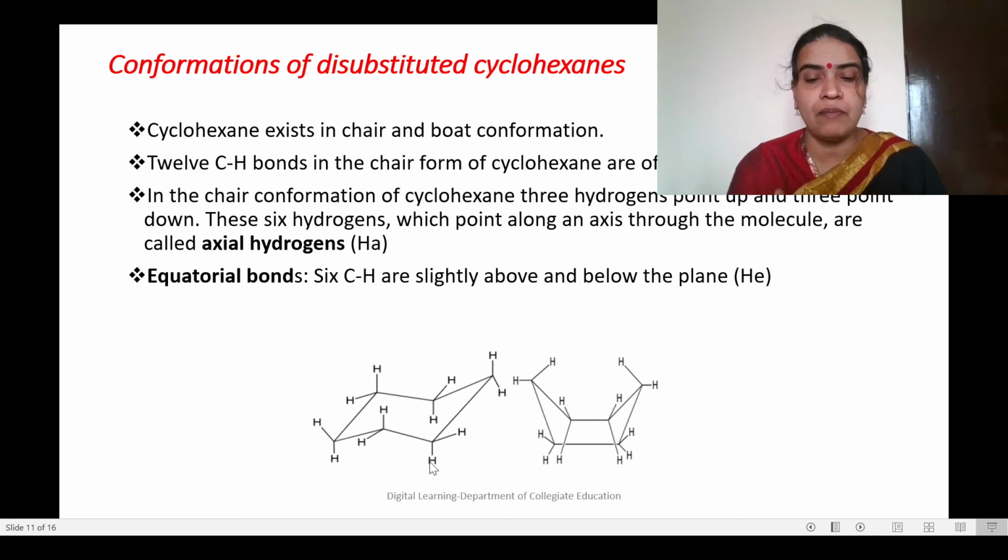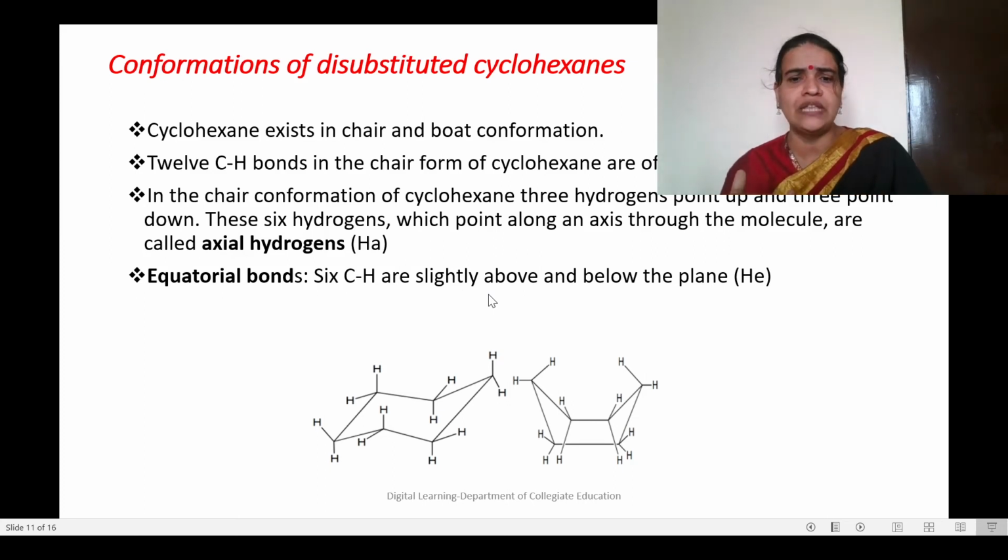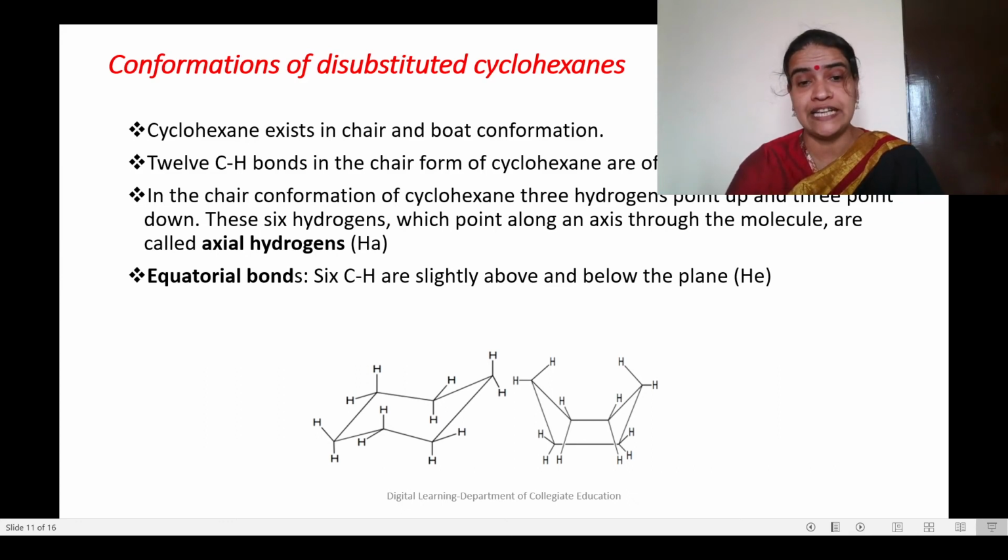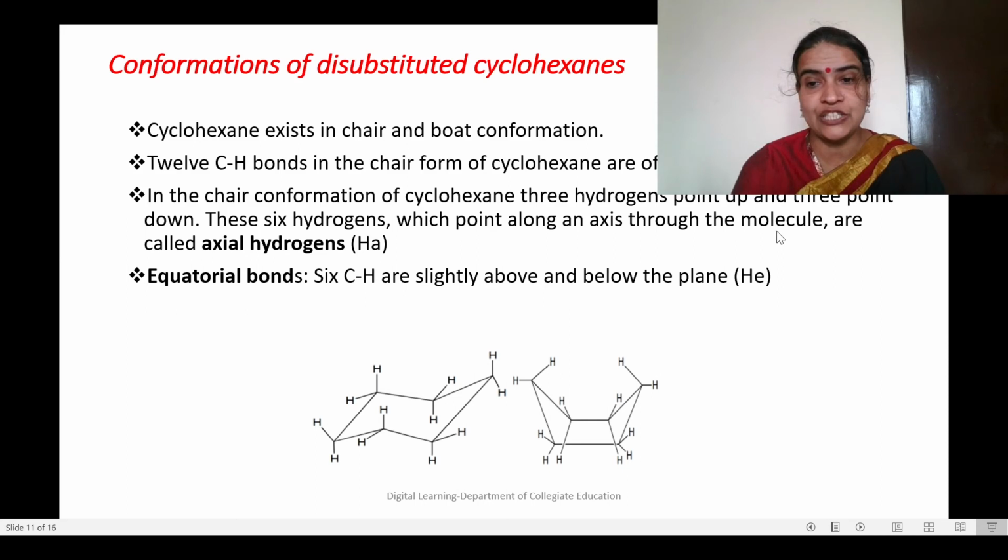On each carbon atom, there will be one axial and one equatorial hydrogen atom. So this is Ha. And the other one, which is slightly slanted below the plane, is termed the equatorial hydrogen atom, represented by He. Here we have one equatorial, here one, here one, and here, here and here.